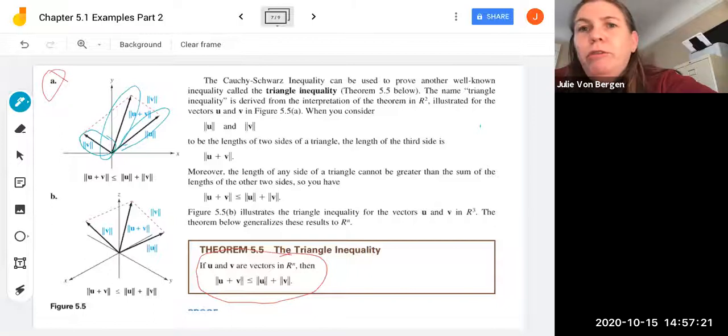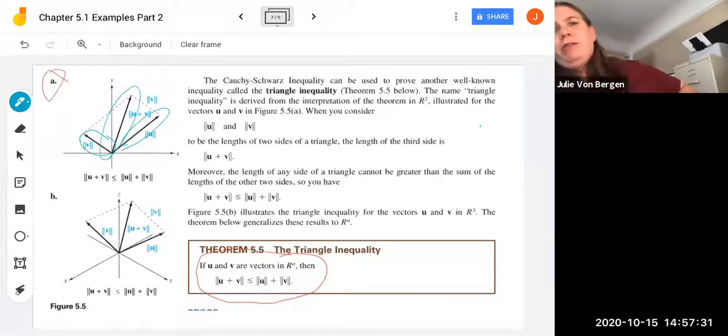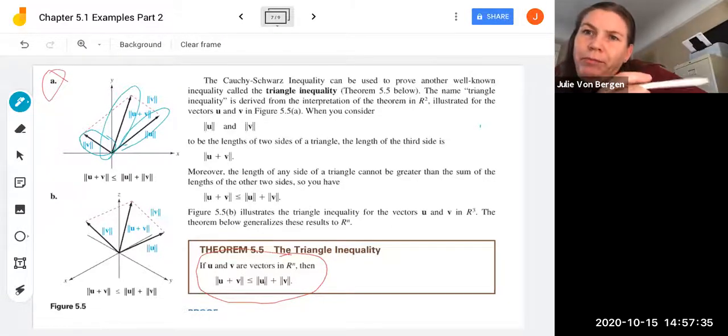It doesn't matter what order you say it in. And so when you draw out our diagram here, you get these 2 triangles, and the pink dashed lines complete the triangles there. So that's where the name triangle inequality comes from.